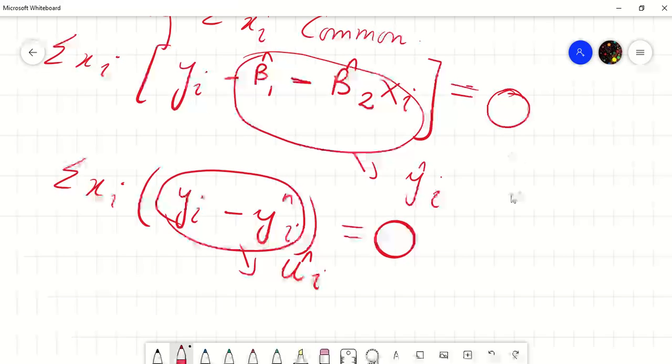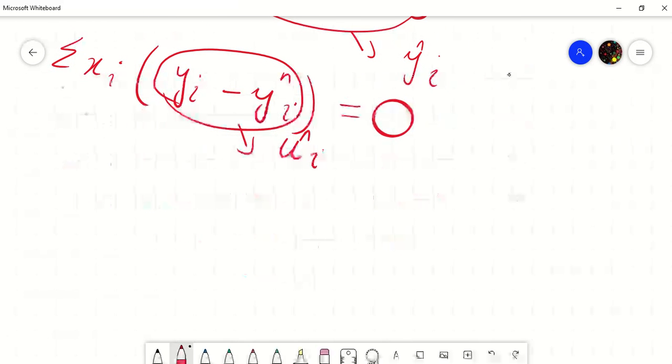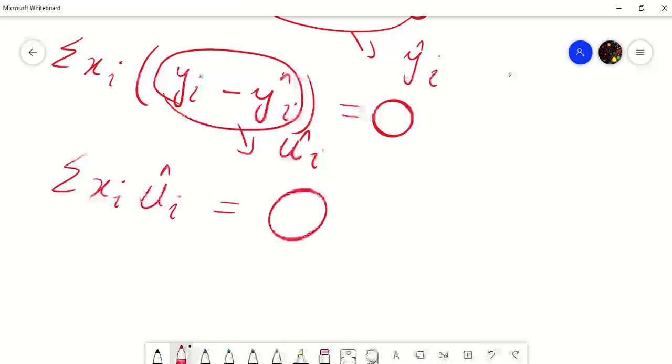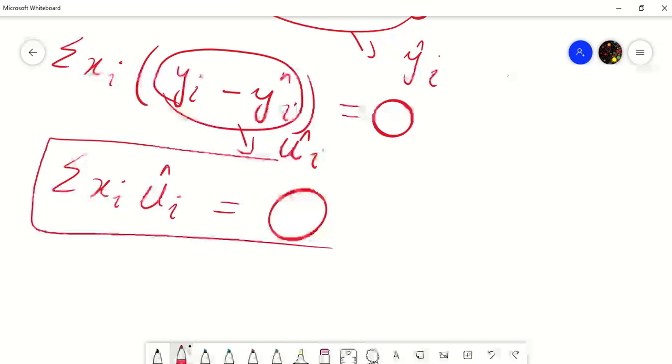So by adding mu I hat over here, that is yi minus yi hat, summation xi mu I hat is equal to 0. This is what we have proved, that summation xi mu I hat is equal to 0.